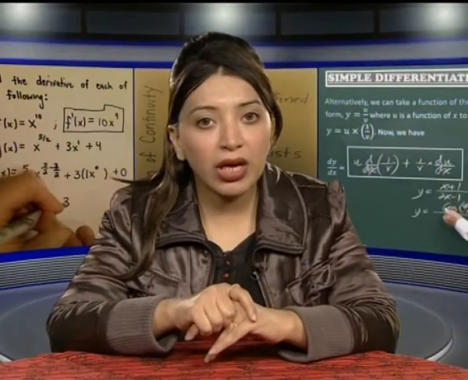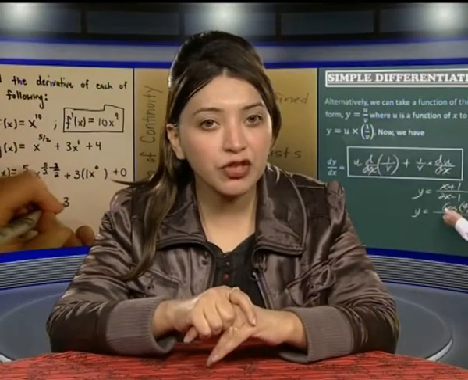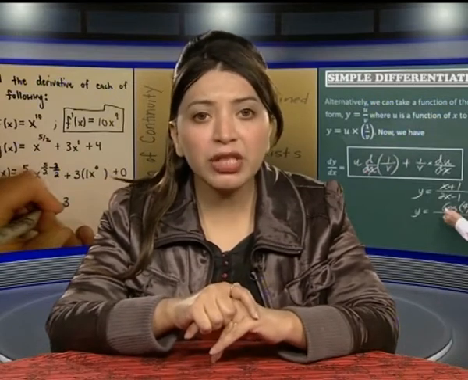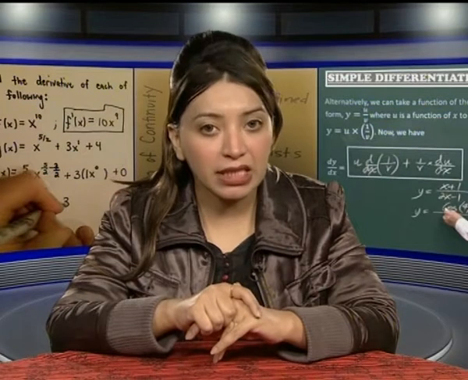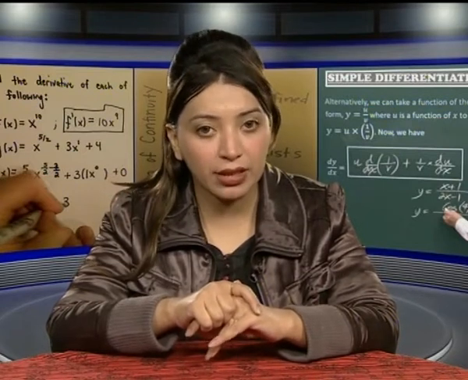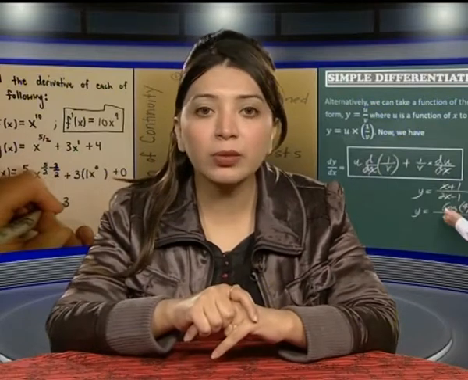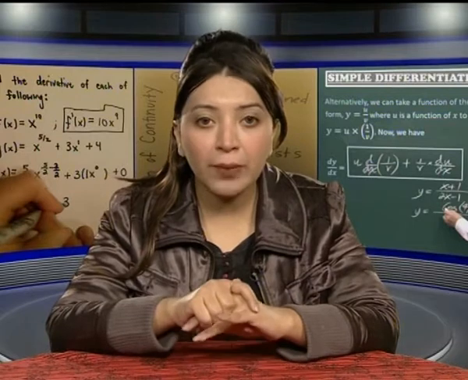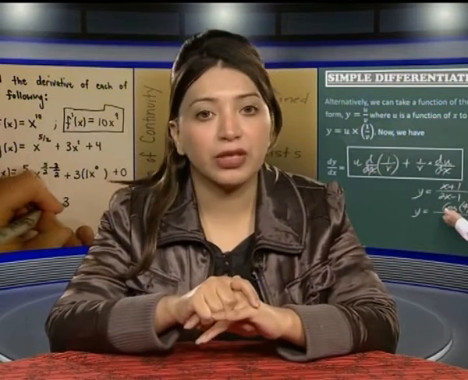Let x and y be the two variables such that y is a function of x. Differential coefficient dy by dx represents the rate of change of y with respect to x. So in other words, the expression rate of change of function means the derivative of the function.